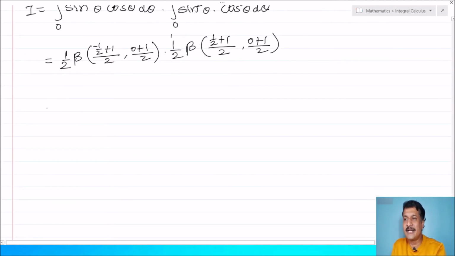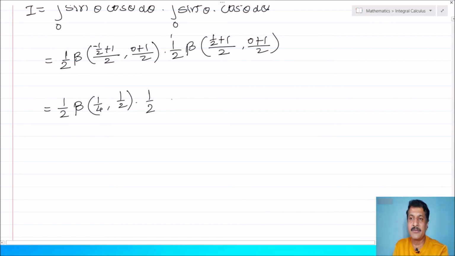How? So that is equal to 1 by 2. Here I am getting beta of minus half plus 1, it is half by 2, 1 by 4. Here 1 by 2 into 1 by 2 beta of half plus 1, 3 by 2 by 2, it is 3 by 4, and here 1 by 2. So again, using the relation between beta and gamma function, separate.